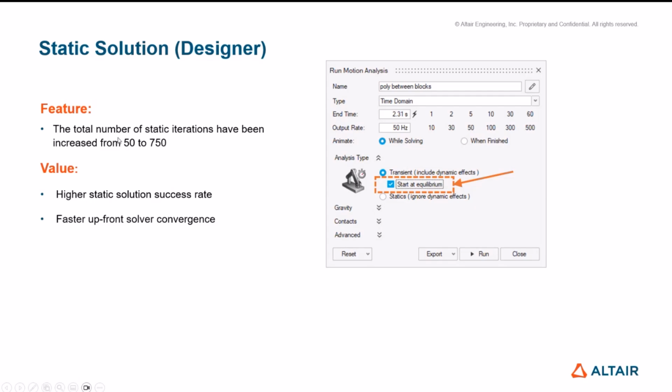But now we have very complex models with contact and flex bodies. And so it has a higher call for a better iteration on a static solution. So we've increased the iterations. Static equilibrium works much better now, especially for finding equilibrium in contact models.